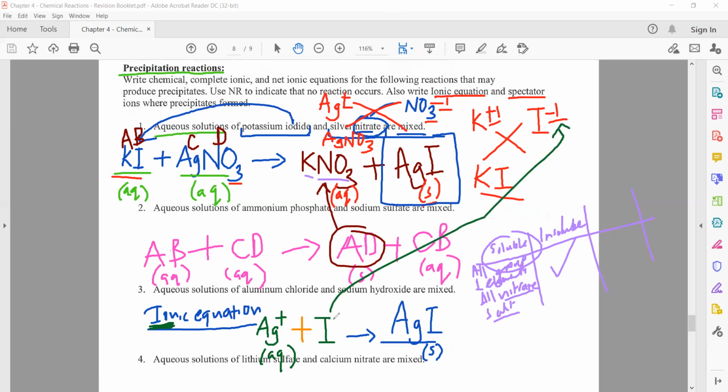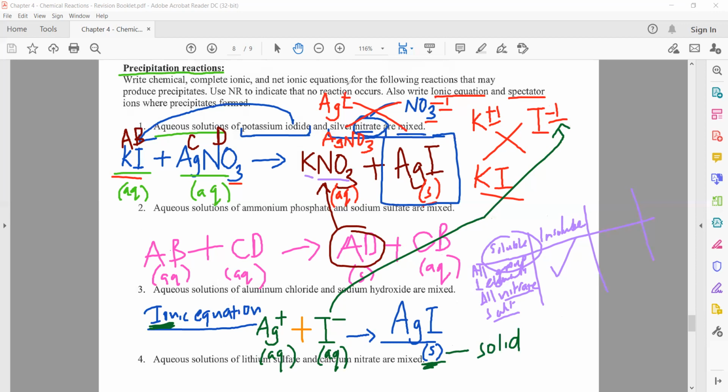We just put a negative there. Again, this is an individual ion, aqueous in solution. It only becomes a precipitate when it combines together. These two individual ions started in aqueous state. When they combined, they formed a precipitate and took on a solid state of matter. Okay, so that's the ionic equation.